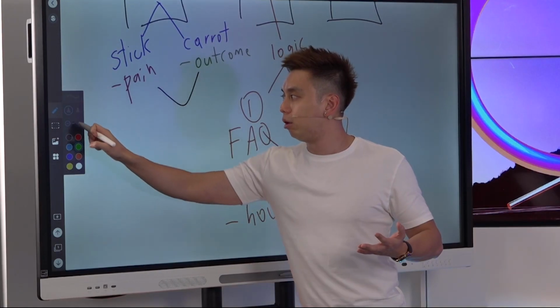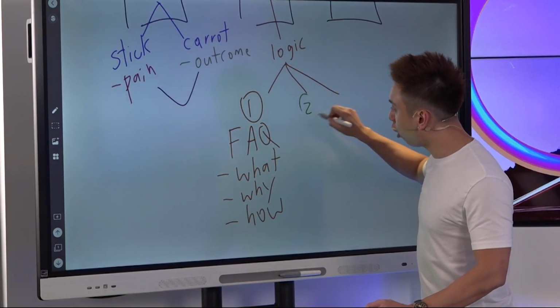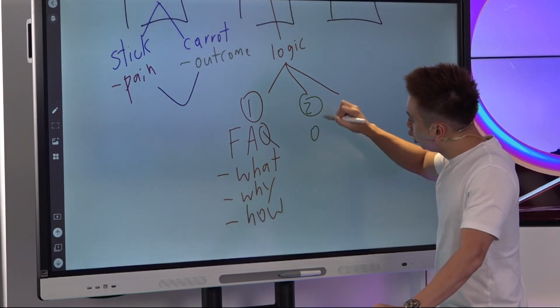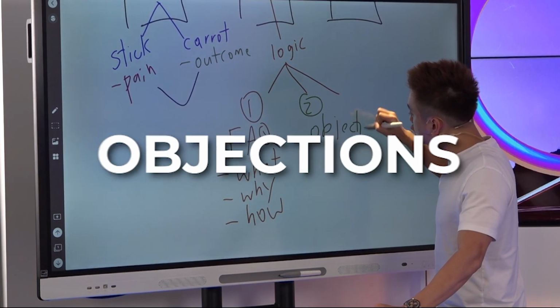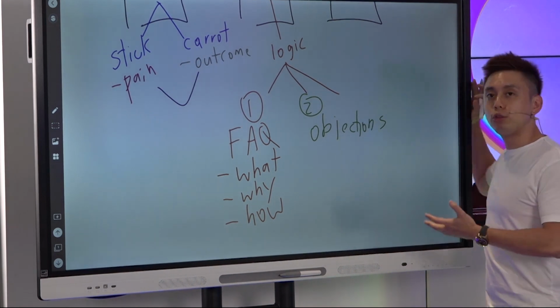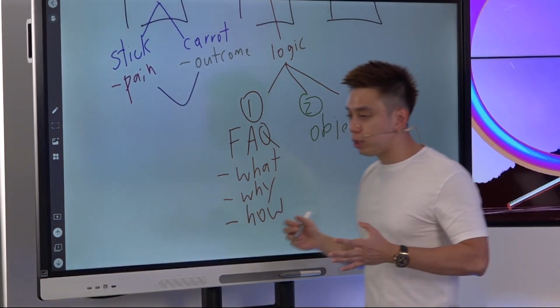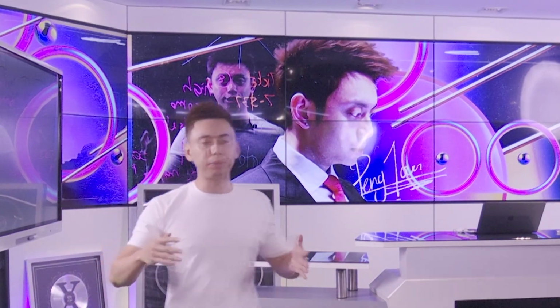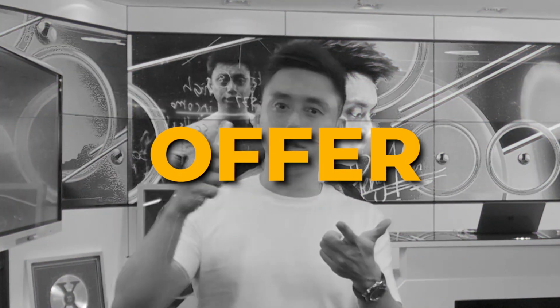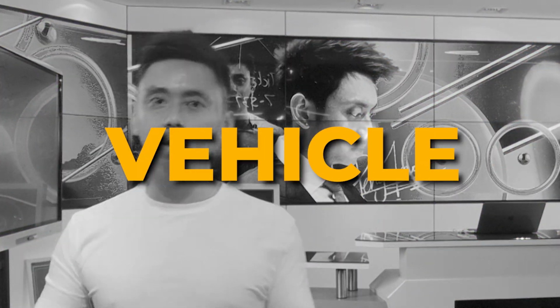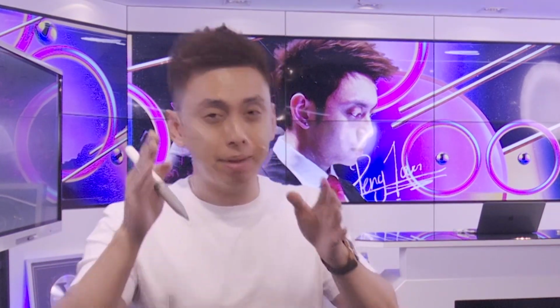Okay. Now, a second type of email under the logic category could be thinking about their different objections and why they are not buying. Okay, so this is when you want to take an entire objection that people normally have with regards to the offer, the product, the vehicle that you want them on, or the opportunity, and turn that entire objection into an email, into a talking point.